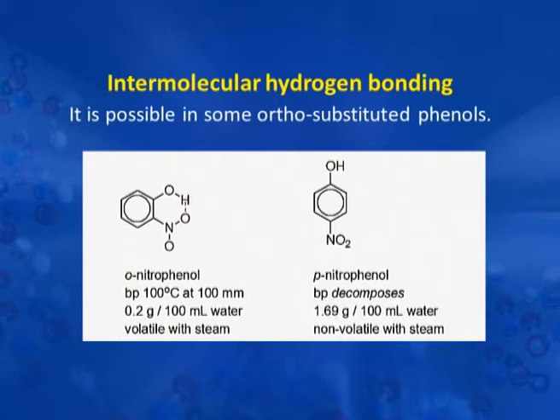The reason here is that more association is possible in the case of para nitrophenol because of intermolecular hydrogen bonding, which is not possible in the case of ortho nitrophenol. And thirdly, ortho nitrophenol is steam volatile, because the molecules are not associated molecules, whereas para nitrophenol is not.